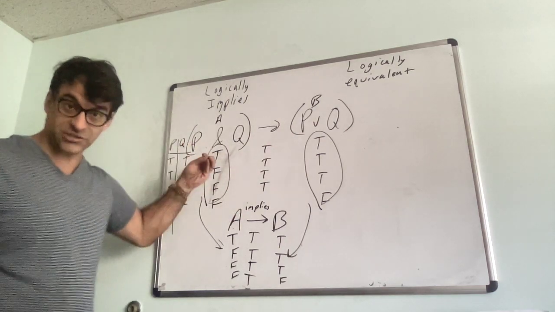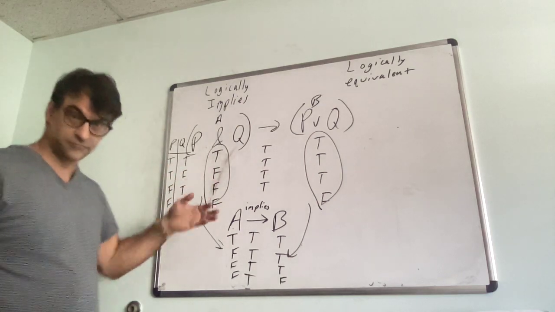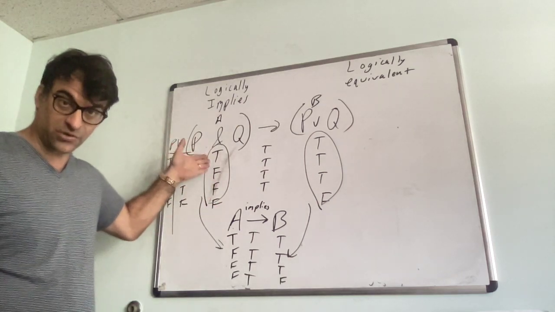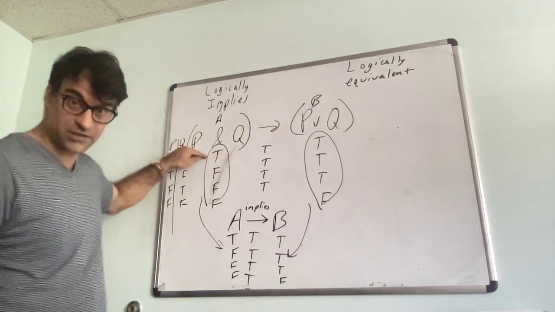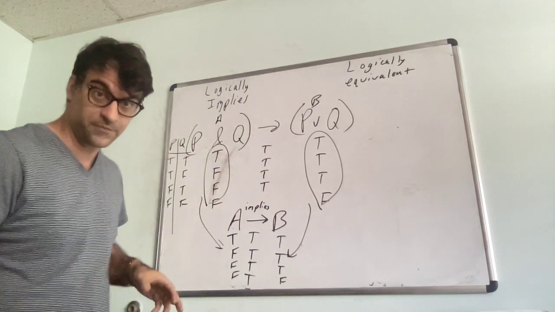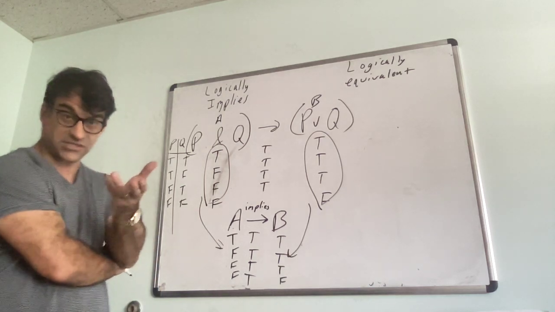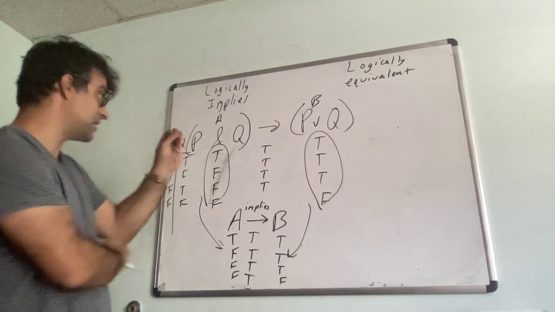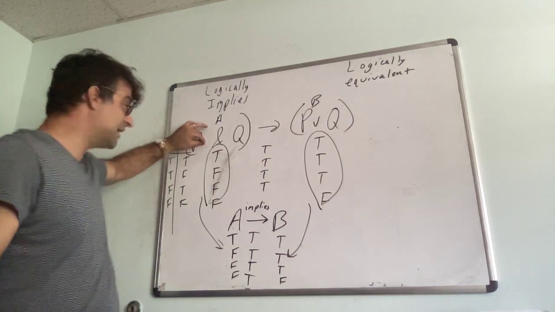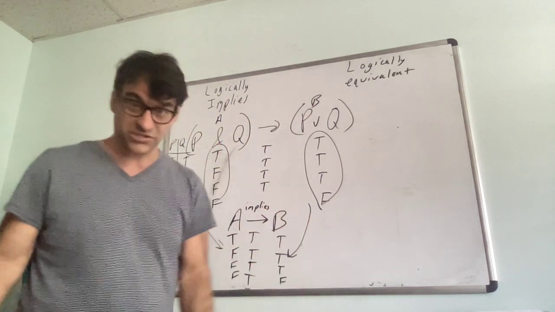So P and Q logically implies P or Q, no matter what. If P and Q is true, then P or Q is true. Some arrow statements are contingencies. Sometimes they hold, sometimes they don't. But this is logical implication. P and Q, anytime it's true, P or Q is true. The reverse does not hold, which is why I gave you this.